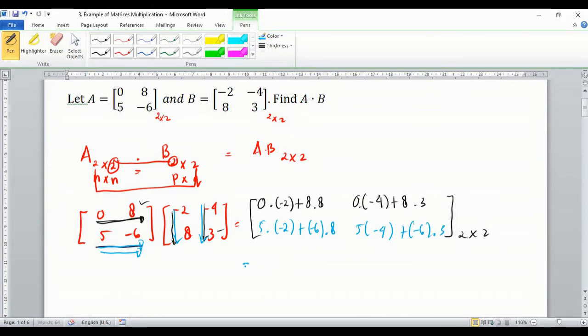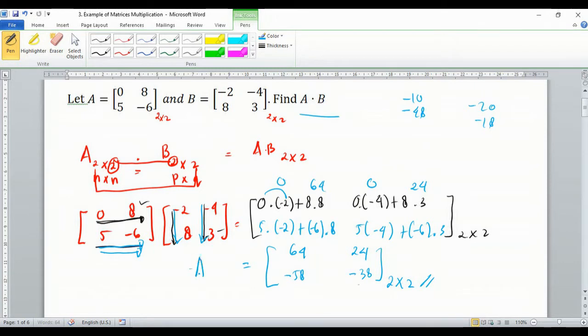So the result is 0 times -2 is 0, plus 64 is 64; 0 plus 24 is 24. Then 5 times -2 is -10 with -48 is -58, and -20 minus 18 is -38. So this is a 2 by 2 matrix, and this is the result of A times B.